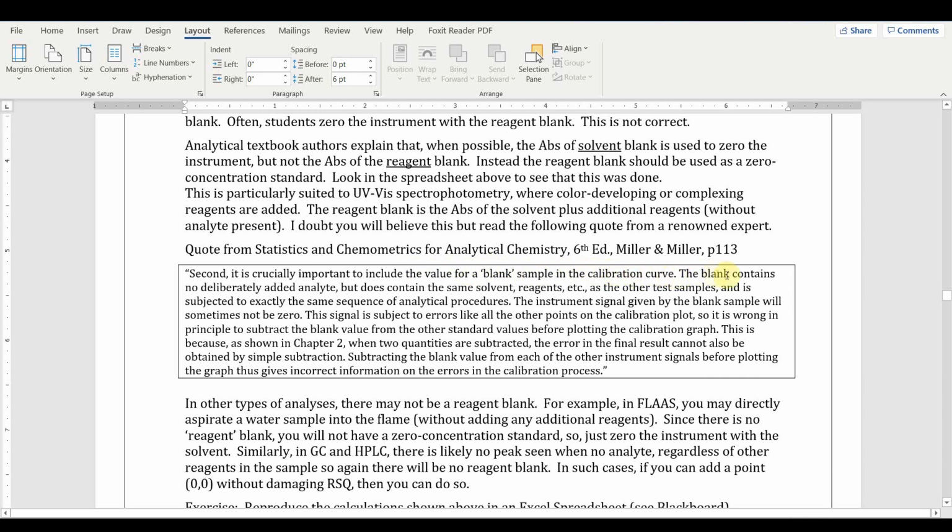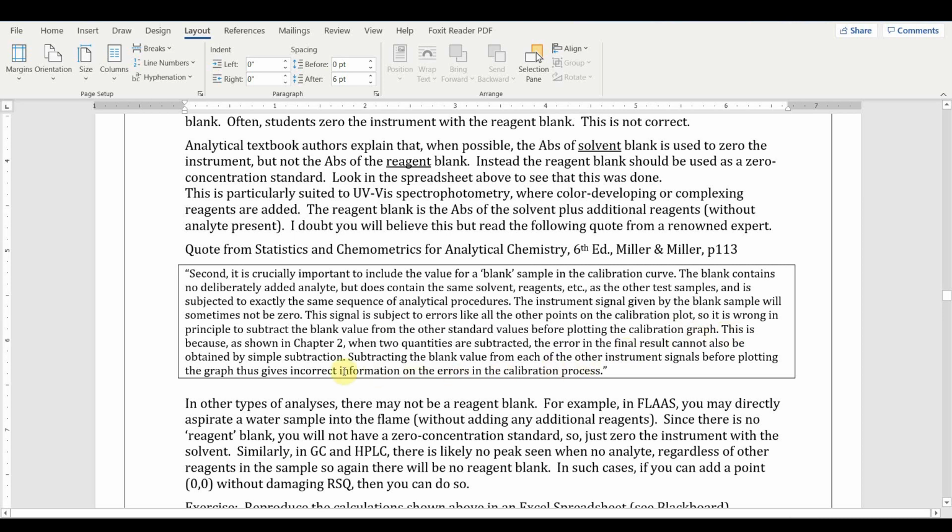The blank contains no deliberately added analyte, but contains the same solvent, the same reagents, etc. as the test samples, and is subjected to exactly the same sequence of analytical procedures. The instrument signal given by the blank will sometimes not be zero. This signal is subject to the same errors as other points on the calibration curve, so it is wrong in principle to subtract the blank value from other standard values before plotting the calibration curve.